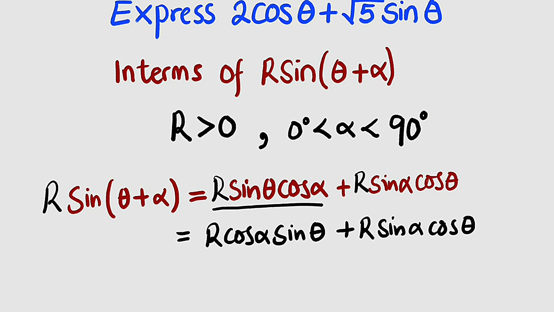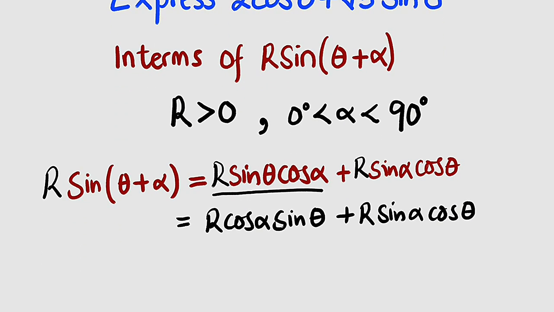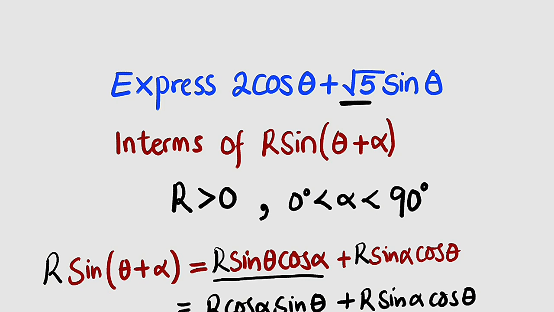Now let us relate the coefficients of this expression to the original expression, which is 2 cosine theta plus root 5 sine theta. The coefficient of sine theta here is r cos alpha, while the coefficient of sine theta in the original is root 5.